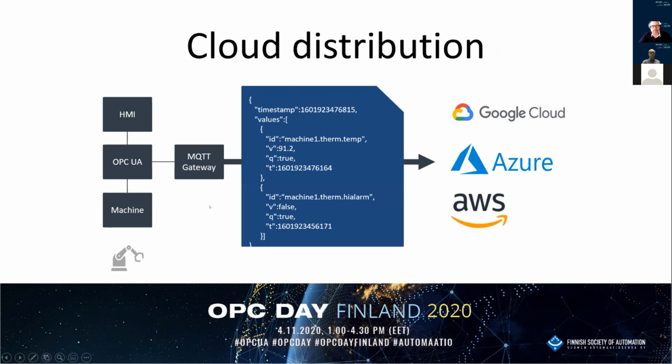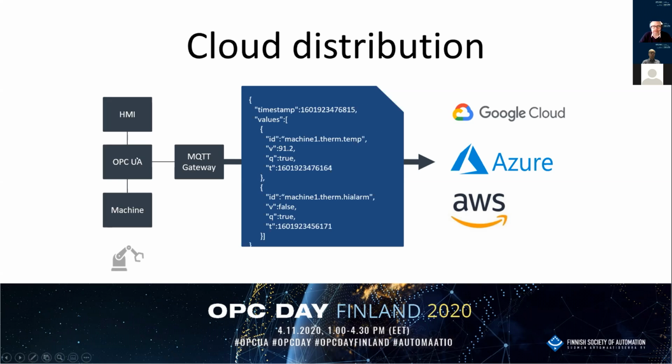Then we have something else, because when you come to cloud, there are some other protocols. I think it's really good that the industry is working with the goal to have OPC as a standard, but you have to realize that today MQTT is the dominant way of transmitting information in the cloud.